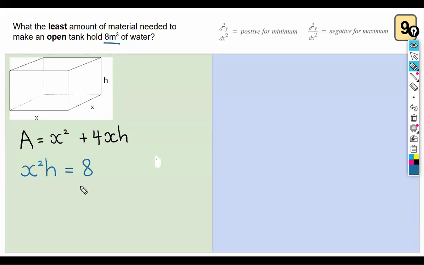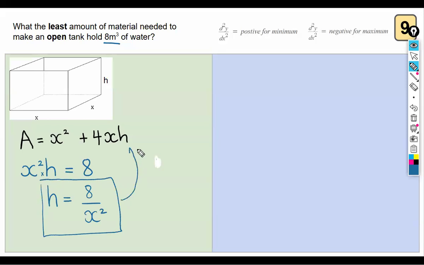So look at that. We have an expression that allows us to get rid of one of the letters. It's obviously going to be easier to make h the subject here. Throw across the x squared, which is a secret multiply, and you get a divide. Look at this now, guys. You can replace it inside here.